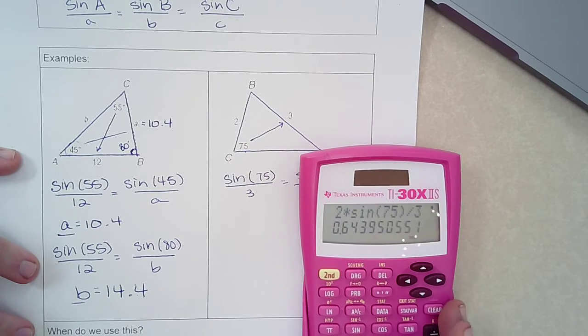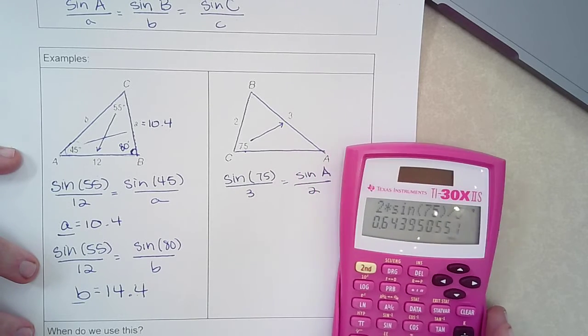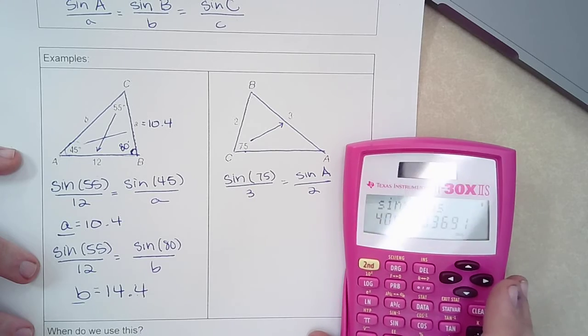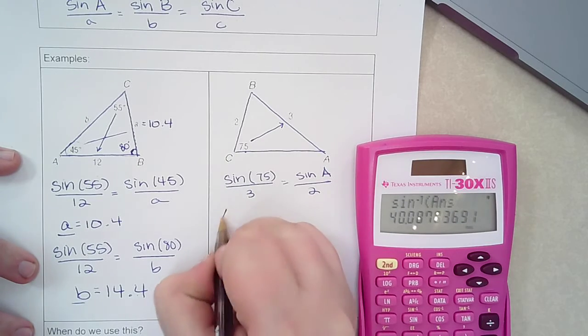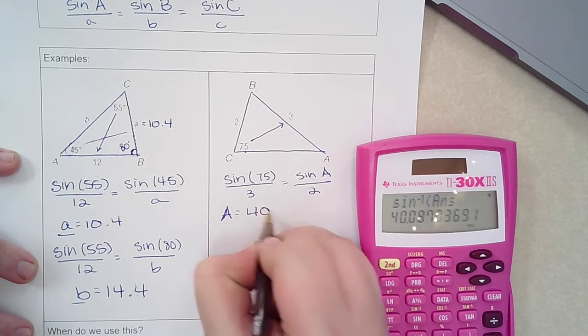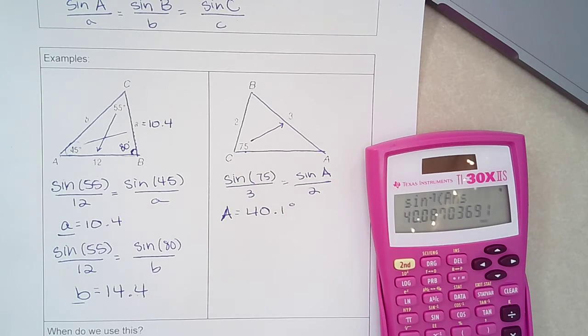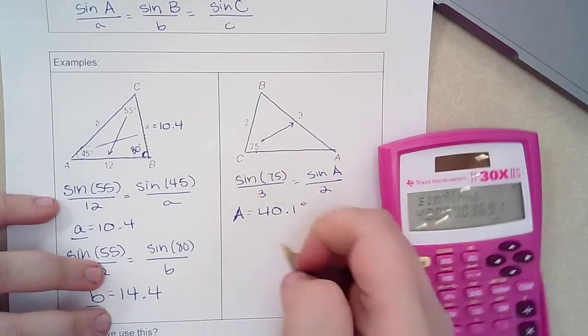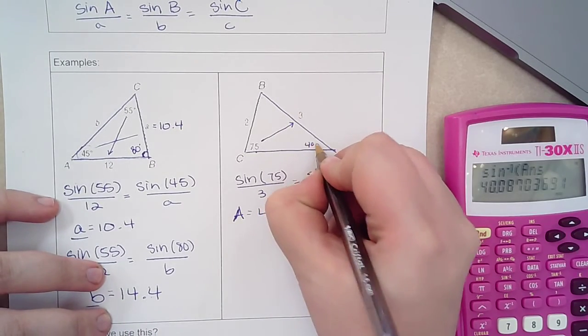But what I get is 0.6439 and so on. This isn't my answer because that's only equal to sine of A. If I want to find A itself, I have to do second sine, second answer, to get my actual angle measure, which in this case, big A is going to be 40.1 degrees. That one I do need a label on so I know that it's a degree and not a side length. So A over here is 40.1.